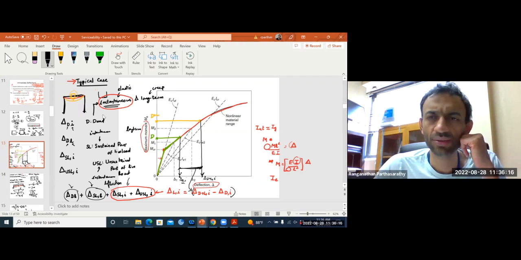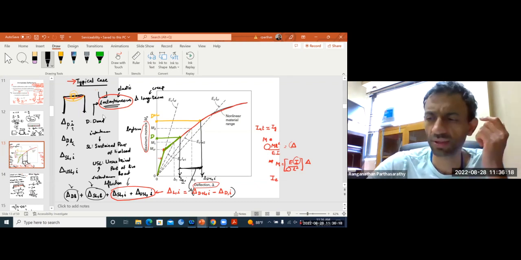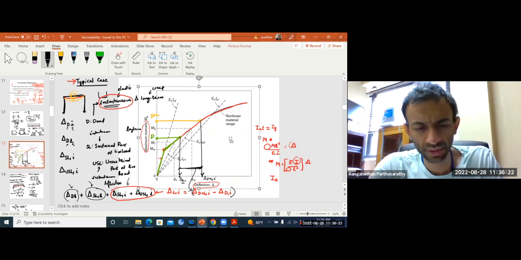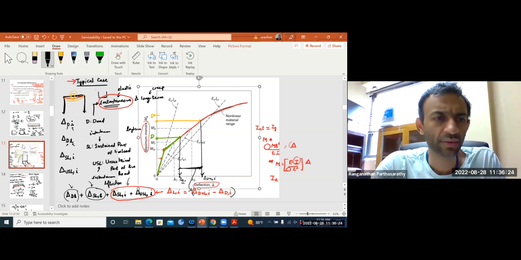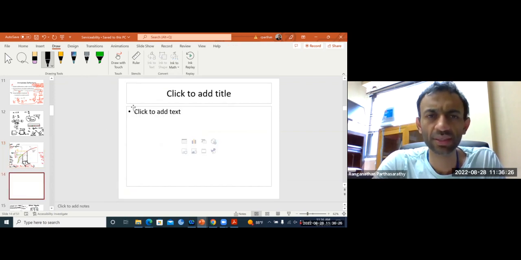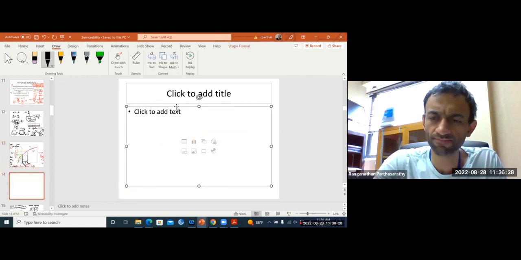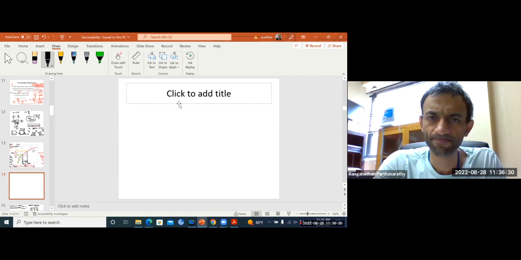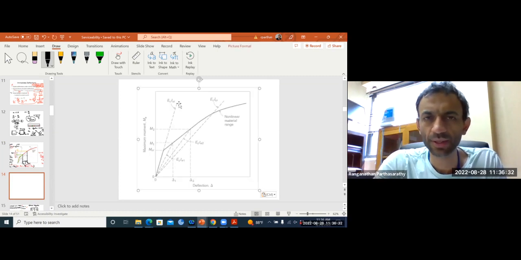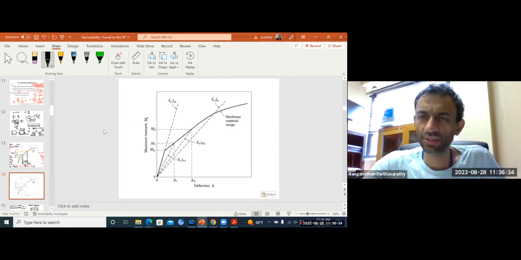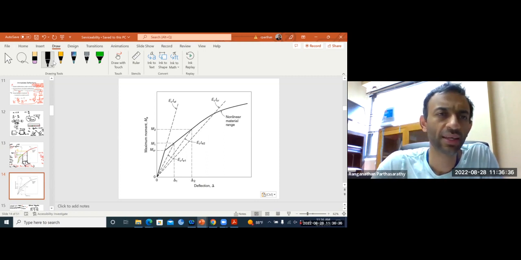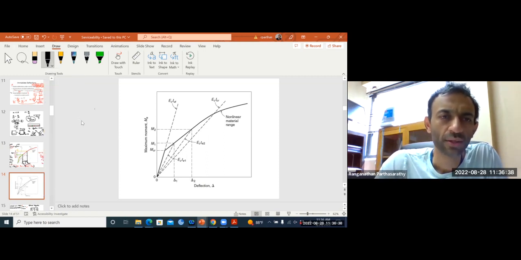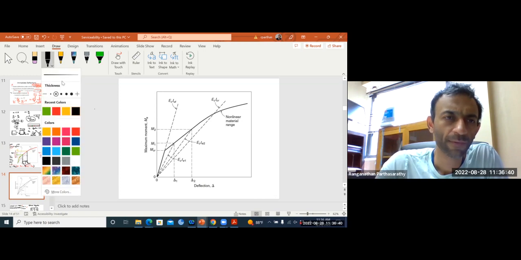And we are going to, of course, apply this in solving problems. Now let's see another case where we have a slightly different scenario. Now we say that this is your structure.